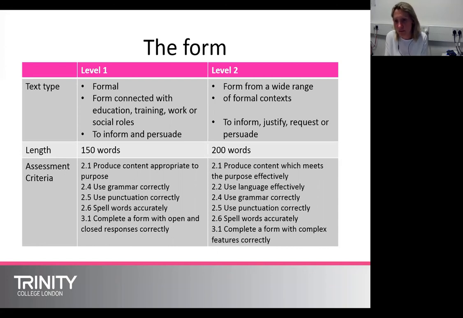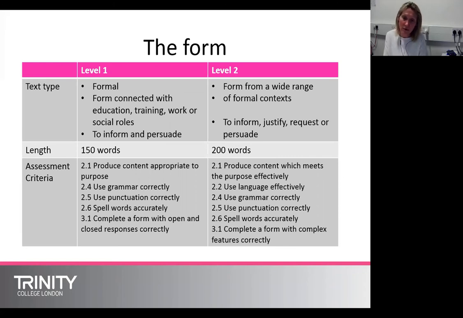So 2.3, using language effectively, is a new criterion at level 2. Use grammar correctly is a similar criterion. Obviously, there is a different expectation in terms of grammar for level 2. Again, the amplification for 2.4 is not a tick list.